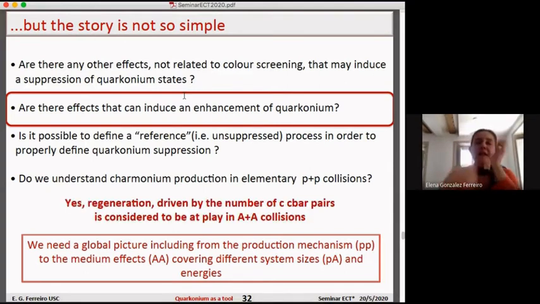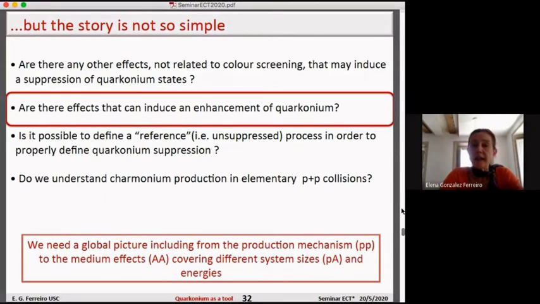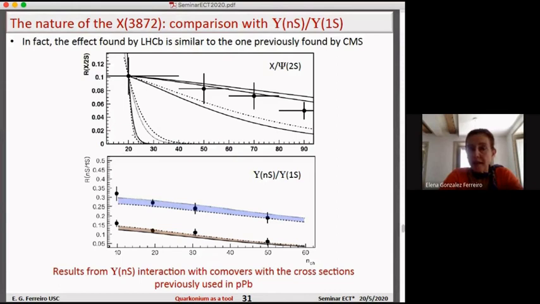Those effects are well known in nucleus-nucleus collisions, and were found by the ALICE collaboration, which showed that the J/psi could be increased by regeneration of c-cbar pairs. And so it is fair to wonder if this effect could not be at play in case you have a molecule here that could be increased.